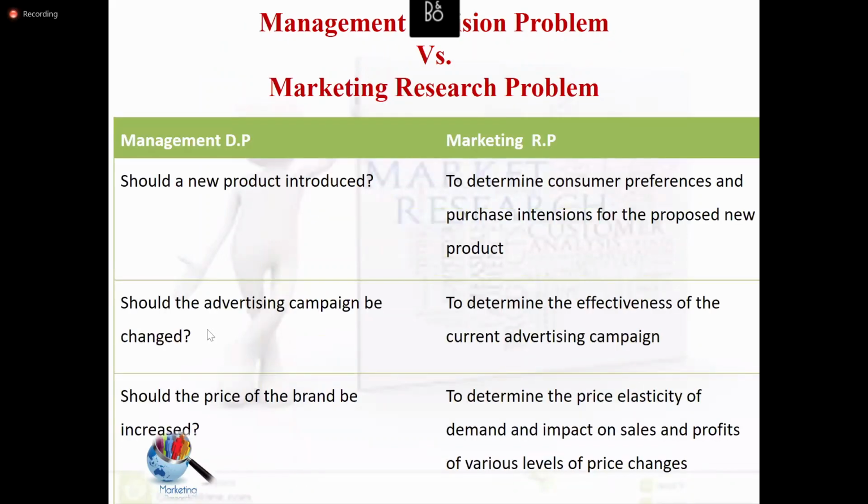Right? And also, again, we said the management decision problem has to be turned into a marketing research problem, right? So what are the differences these two problems may have? Briefer differences have been denoted here. Now, say if it is a management decision problem, as an example: should a new product be introduced?